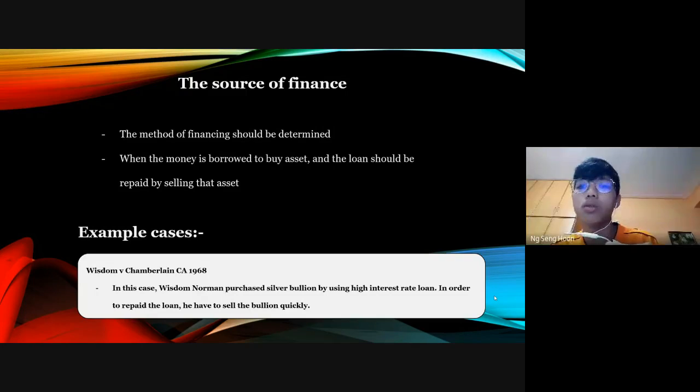So he had to sell the bullion again quickly. So in this case, there is a profit when selling the silver bullion again. So this profit was taxed as trading income. Next.